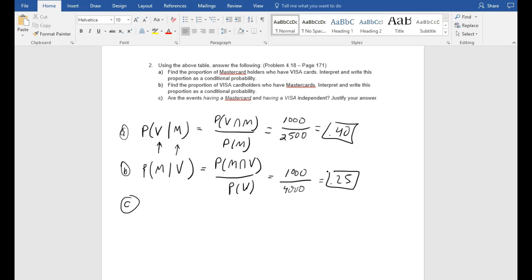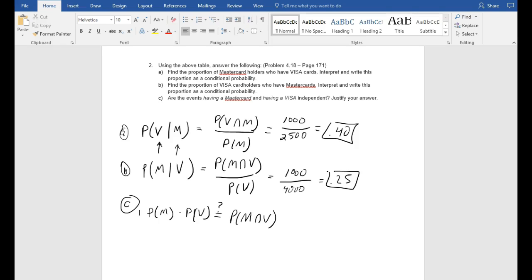That was the formula. I'll sub in M's and V's here. So we'll say probability of M times probability of V, question mark, does that equal probability of M and V?